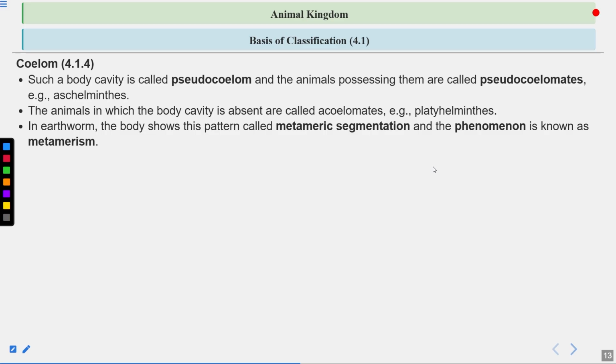Now in every segment there is a repetition of one or the other organ. That is called metameric segmentation, and that we see in the case of earthworm. And this is a very unique feature of this earthworm, or Pheretima posthuma, or you can say in the case of annelids.